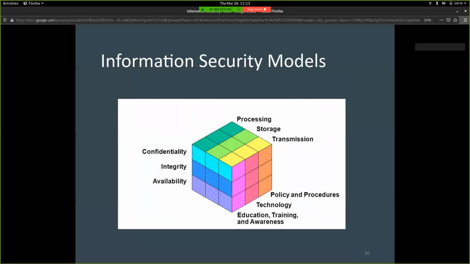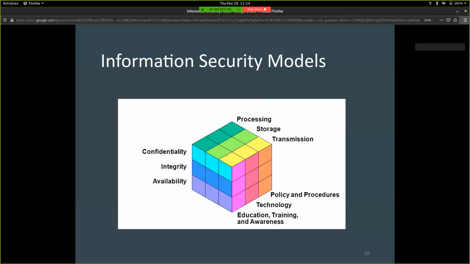This one takes the CIA triad and overlays it in a Rubik's Cube type of pivot table model that looks at three different areas of processing data, storing data, and transmitting data. So what data is being stored at rest, what's being transmitted over networks, what's actually being processed, and then thinking about the policies involved with those, the tech involved with those, and the education, training, and awareness.